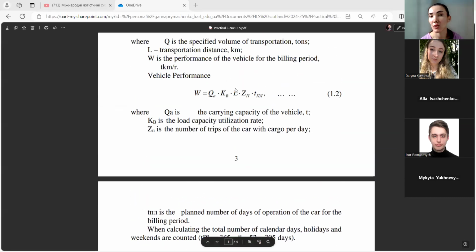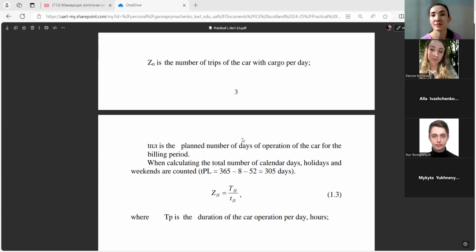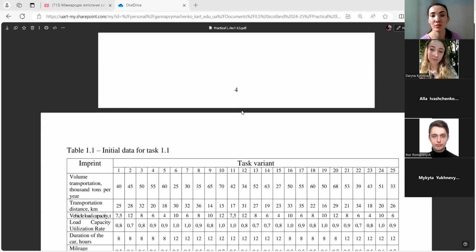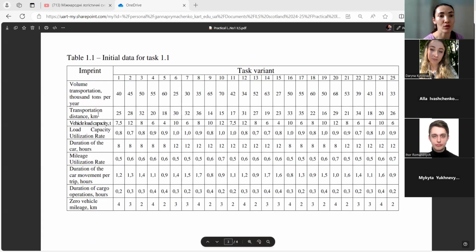The next, it is our L. We used it already in our formulas. But I maybe show it in the table. It is more correctly. It is transportation distance. It is our second line in our table up. For example, 25 kilometers for first variant and other.